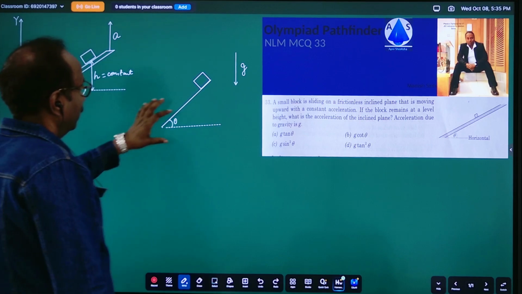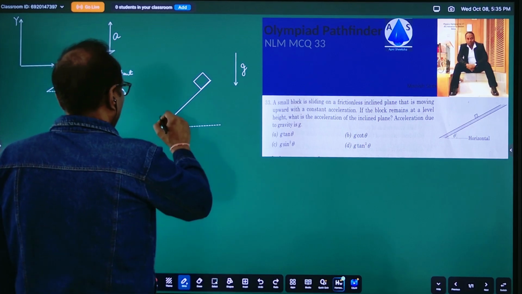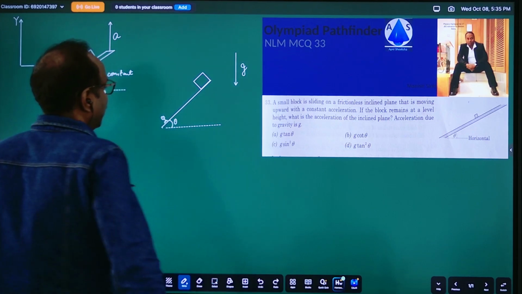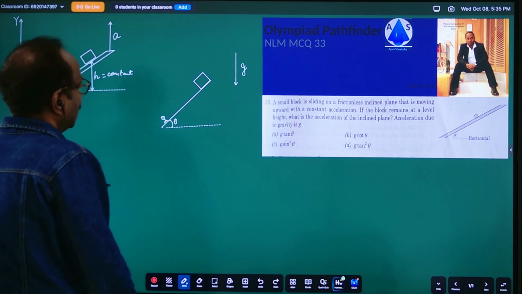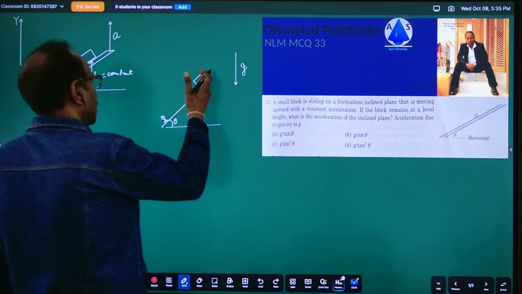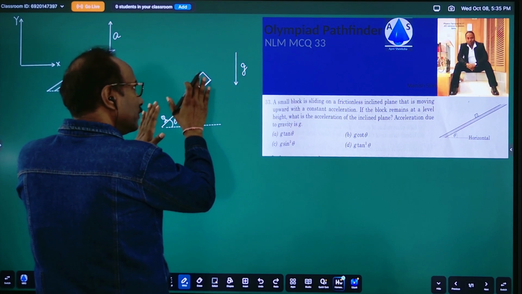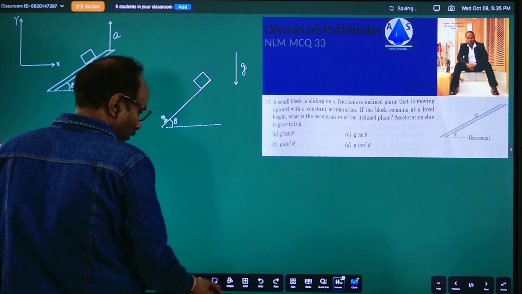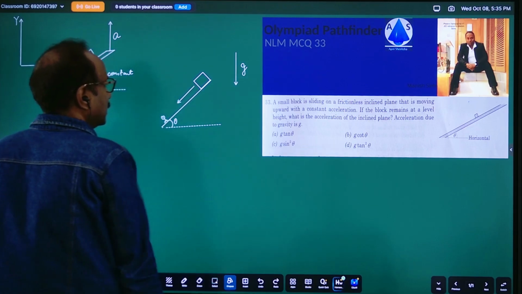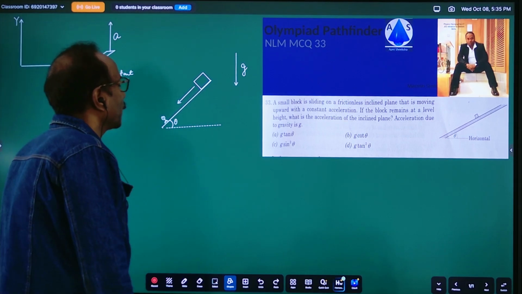But if we observe this block from the frame of the inclined plane, meaning we fix a frame with the inclined plane and observe this block, what you will see is that the block is sliding in this direction. You are not seeing the surroundings, you are only focusing on your block. So your block is sliding in this direction with an acceleration. That acceleration we should know.